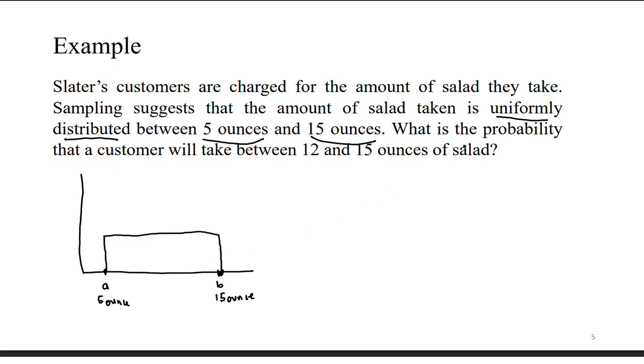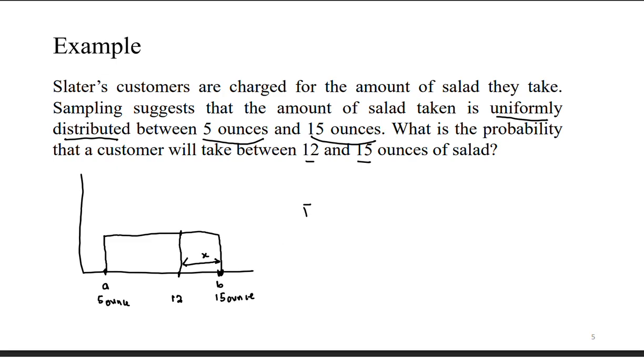Now we're trying to find the probability that a customer would take between 12 and 15 ounces. And so our probability is to find the chances that somebody who comes to the restaurant would take between 12 and 15. So the distance between the 12 and the 15 is our x.